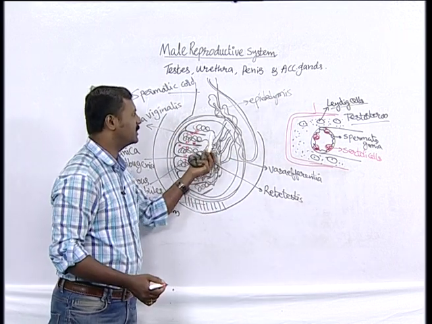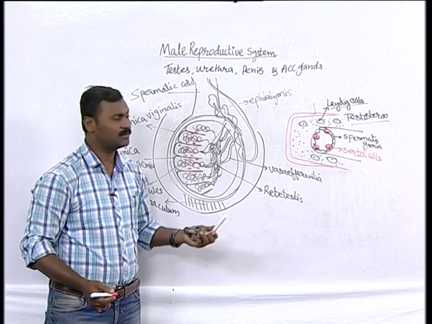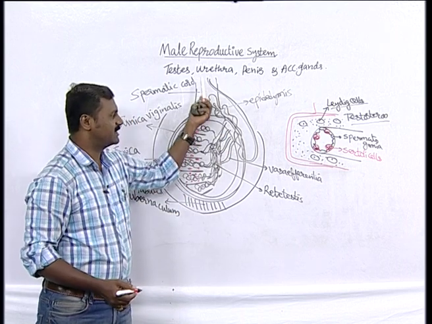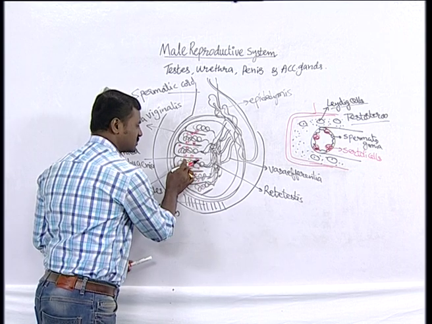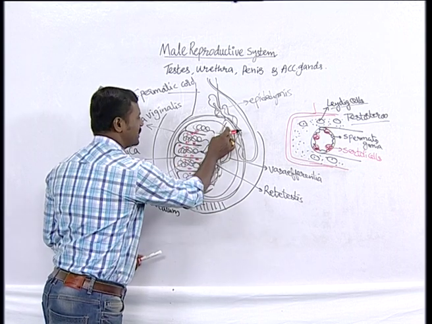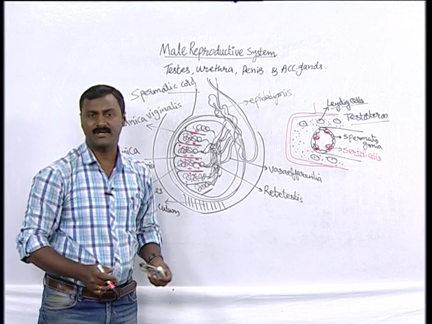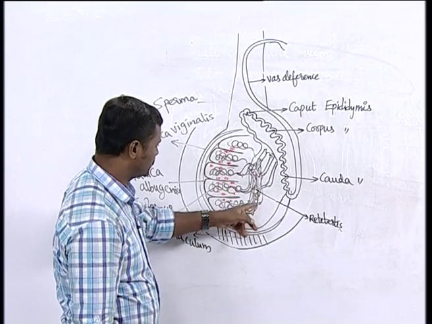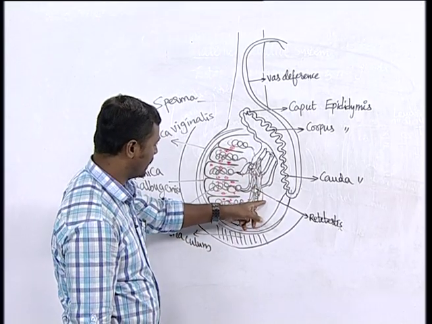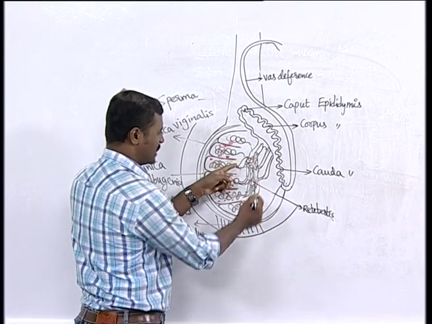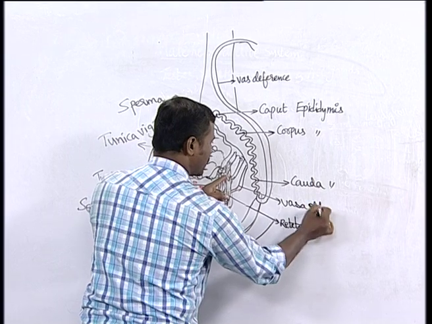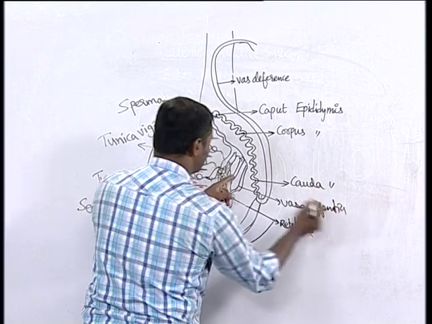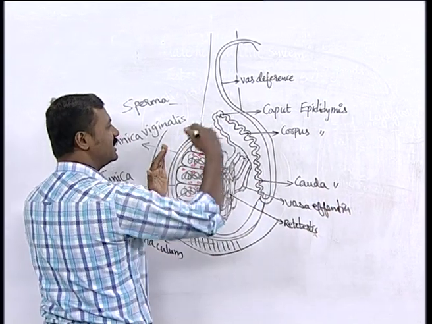That highly coiled tube is going to give a very big vas deferens. Before that it was vasa efferentia. So, seminiferous tubules, rete testis, vasa efferentia and epididymis. Students, you see the transportation of sperms here: from rete testis it moves to vasa efferentia, which finally unite to form a highly coiled tube.